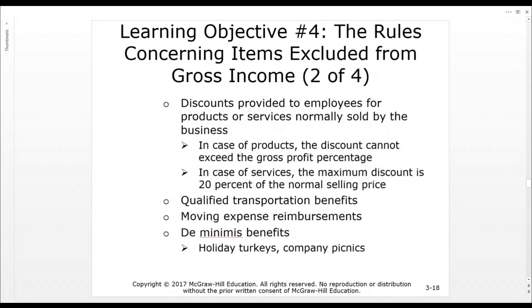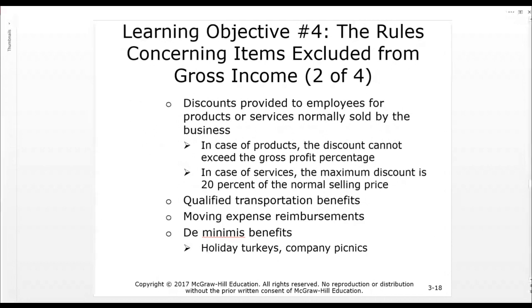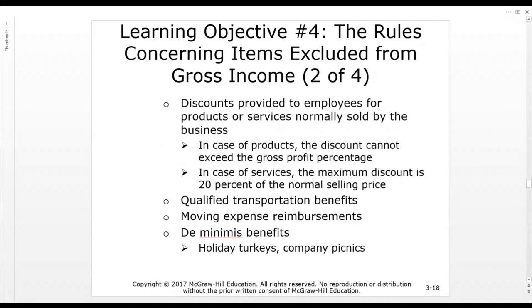Let me see here, hold on. It says here, discounts provided to employees for products or services sold by the business. So what they're saying is, if they gave you money for your moving expenses, that shouldn't be part of your income.